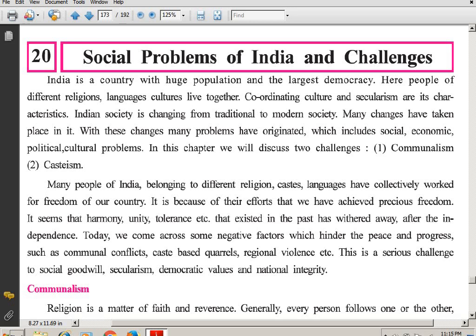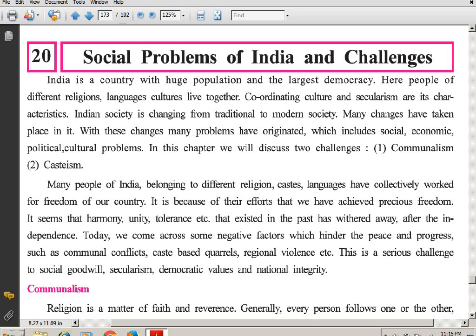Indian society is changing from traditional to modern society. So from traditional, we are becoming a modern society. Many changes have taken place in it, and from these changes, many problems have originated.